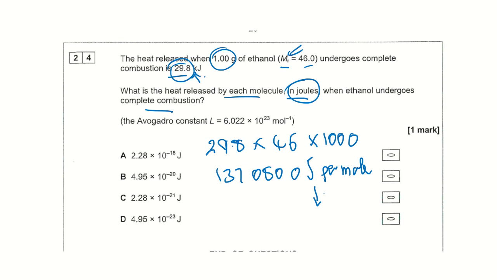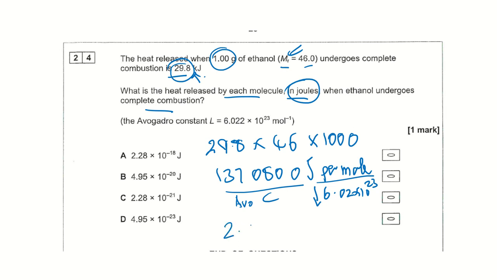There's Avogadro's number of molecules per mole. So this is how many joules we get per 1 mole, and we've got to work it out per 1 molecule. So we take this and divide it by the Avogadro constant.